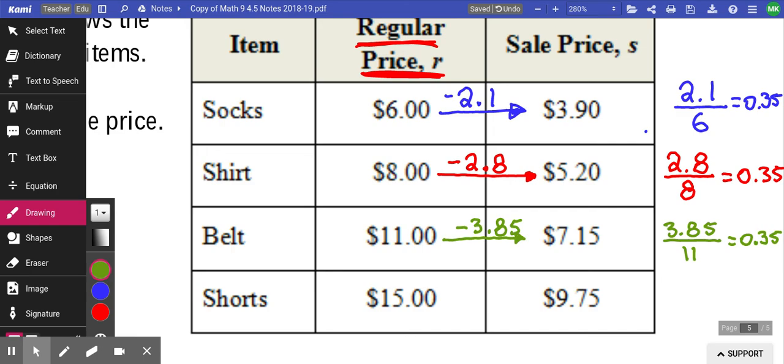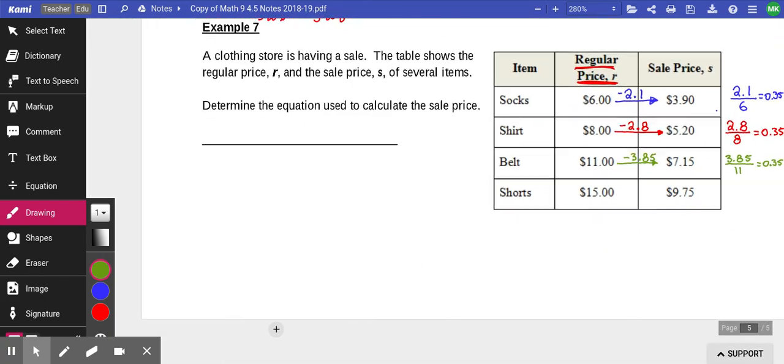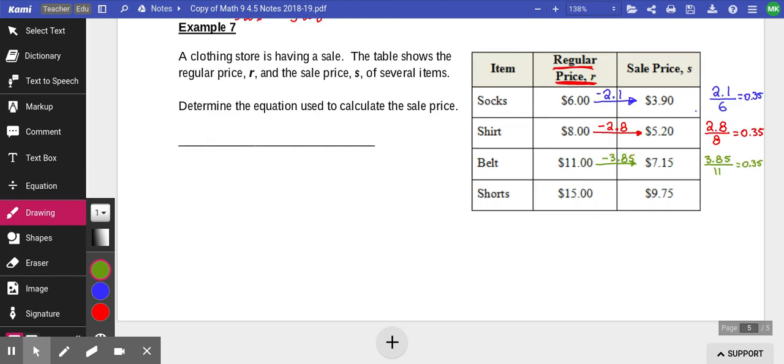Mathematically, the way that we solve this is a little tricky. Because you don't just take the rate and multiply it by the price. As much as that would be wonderful, that's not how it works. Your equation this time will be that the sale price equals, and it's not 0.35, it's 1 minus 0.35 times the regular price.